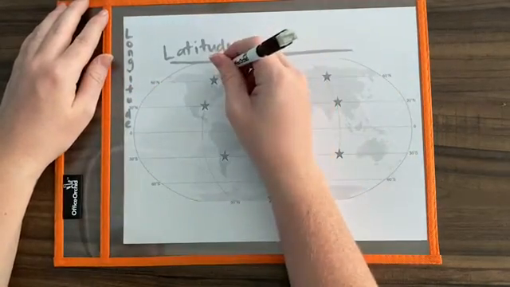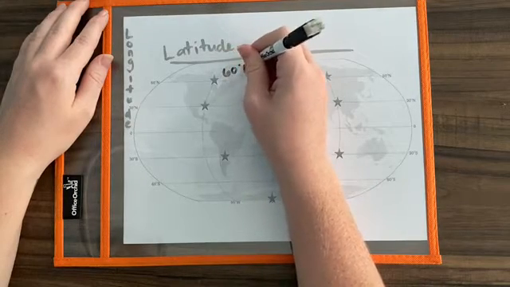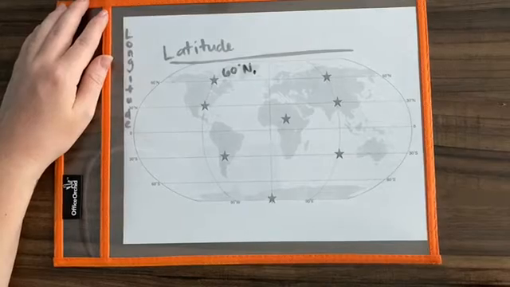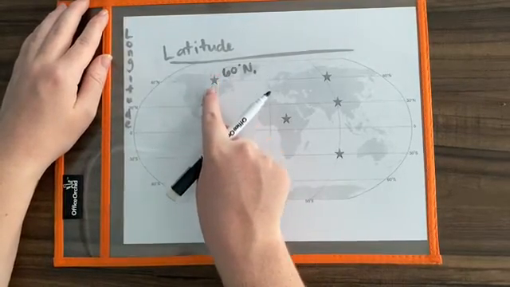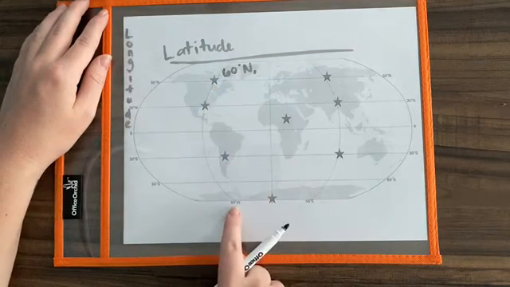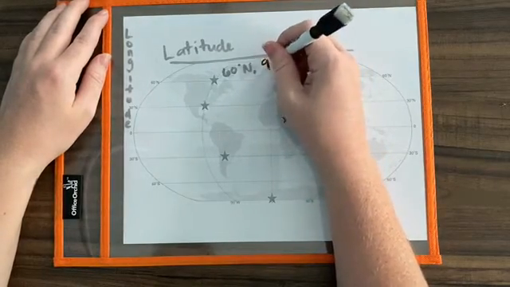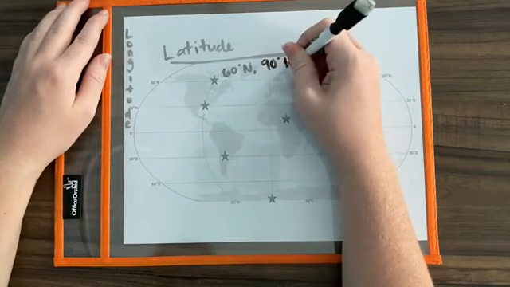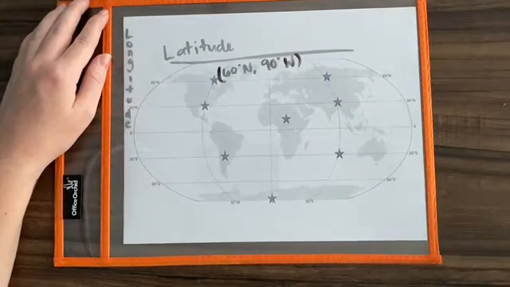So we know that its latitude is 60 degrees north. So its longitude, if we come down, it matches 90 degrees west. All right.